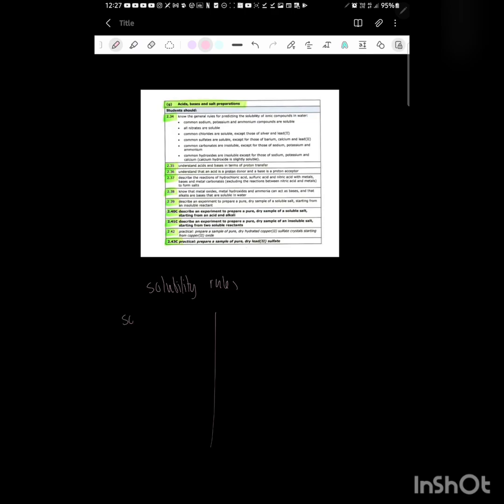So then you have your soluble stuff over here and your insoluble stuff over here. So all your sodium compounds, your potassium, why am I doing it in ions? I don't know what I'm doing anymore. Sodium ions, potassium, and ammonium are soluble, no matter what. So it could be sodium chloride, which is normal salt, which is soluble.